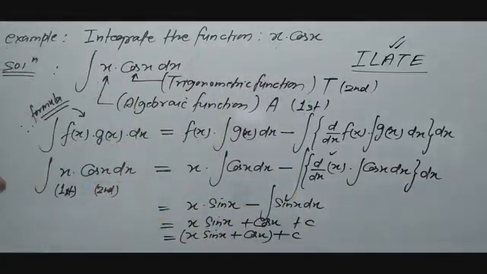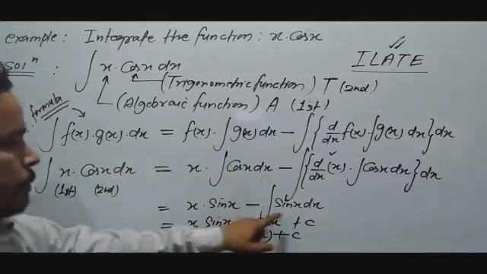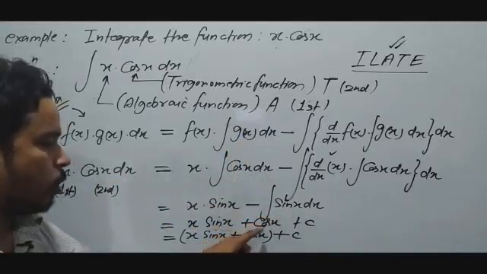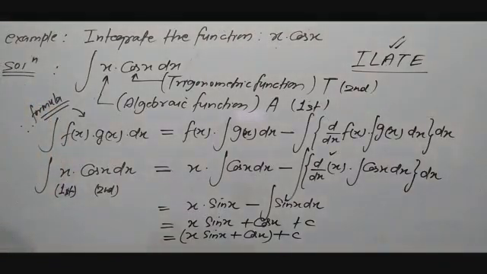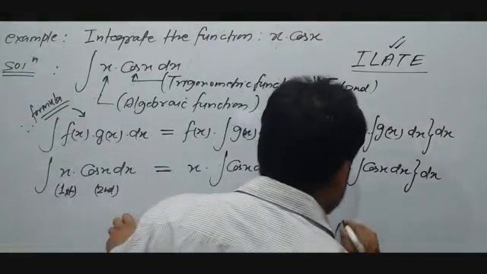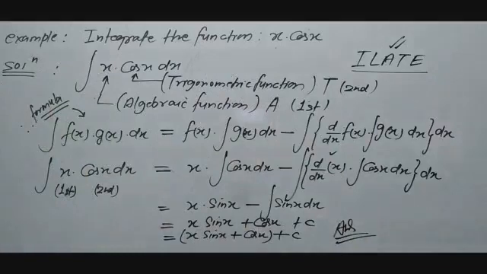And you know again sin x integration is minus cos x. So minus minus plus, that will be plus cos x plus c. Now the answer will be x sin x plus cos x plus c. This is the answer. Now the example is completed.